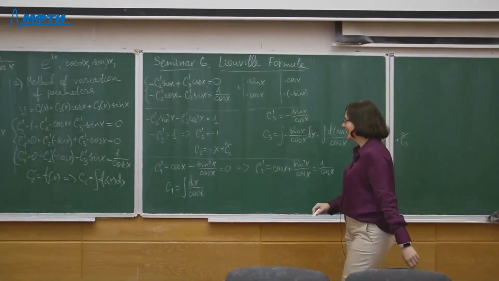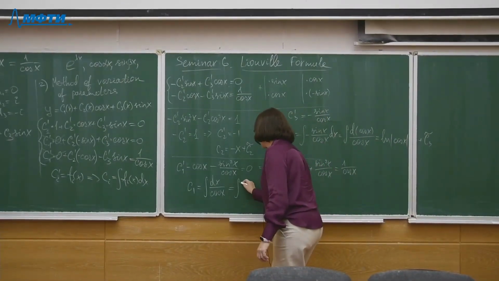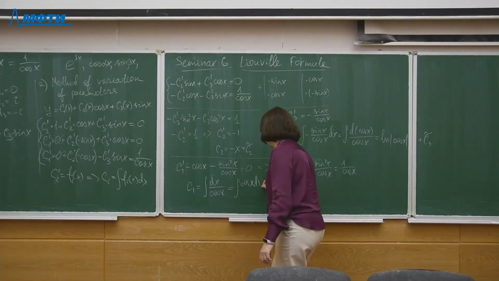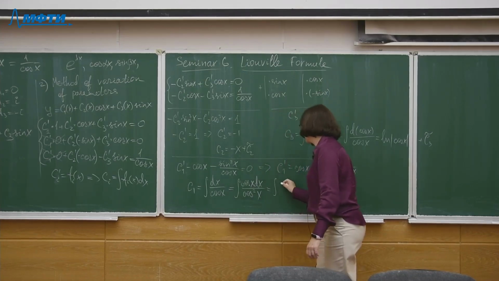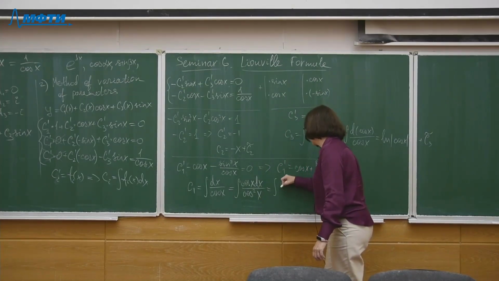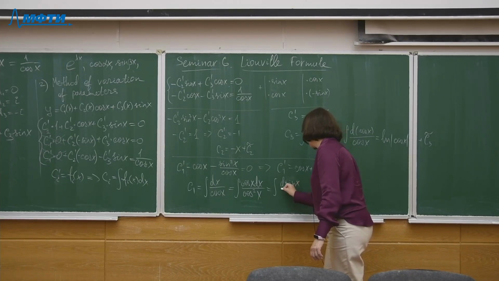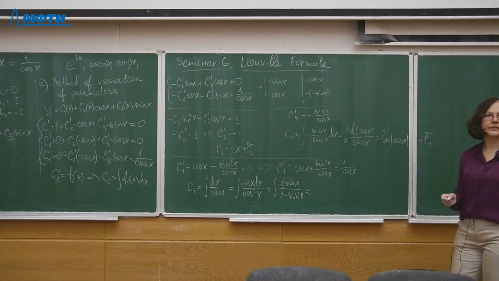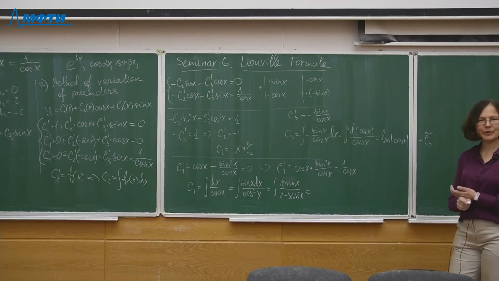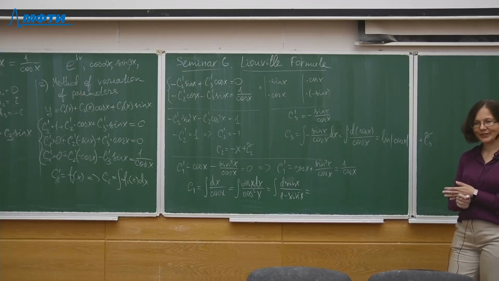Well, so multiply and divide by cos x. And then rewrite it as d sine x over 1 minus sine squared x. And then, the table of integrals. Can we use the table of integrals in the exam?